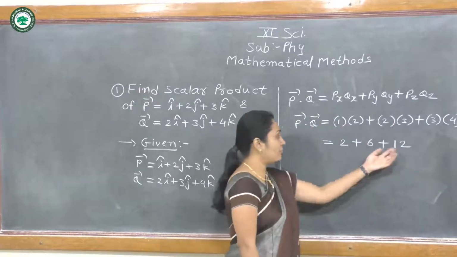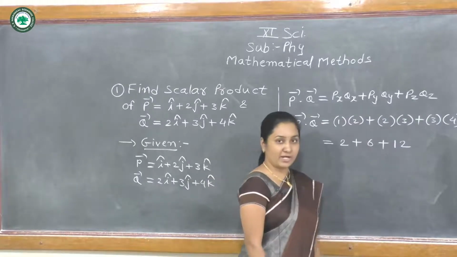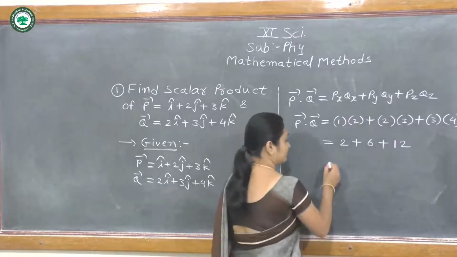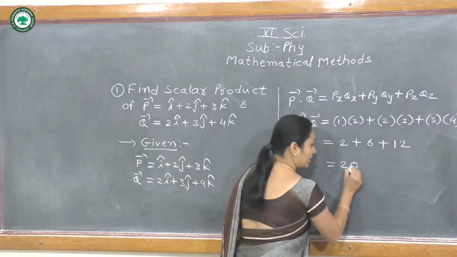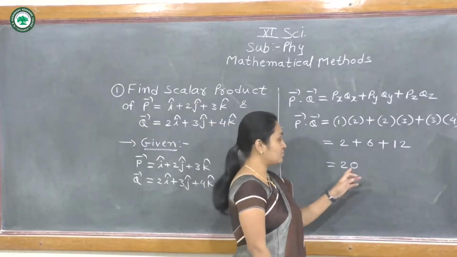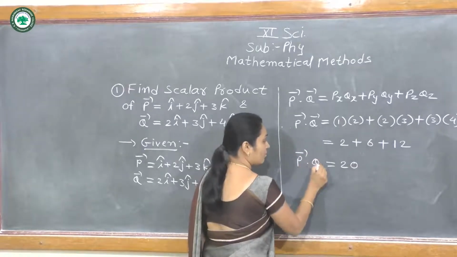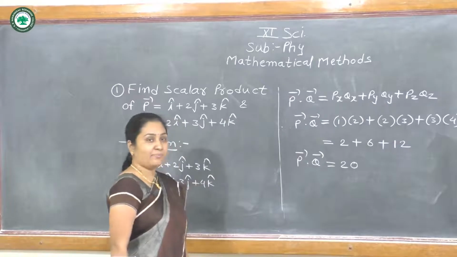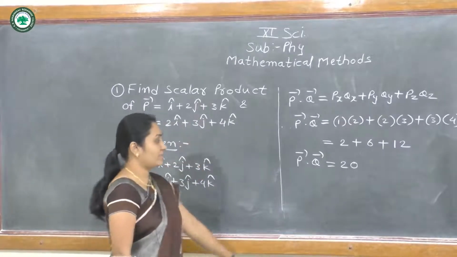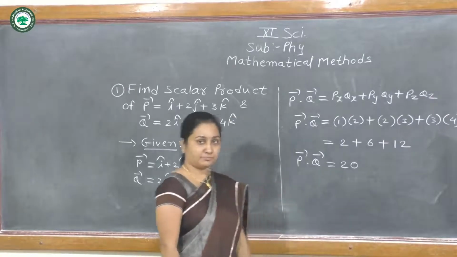Now we have to add this: 2 plus 6 plus 12, so it is 20. 12 plus 6 is 18, plus 2 is 20. So the scalar product of these two vectors is equal to 20 units.